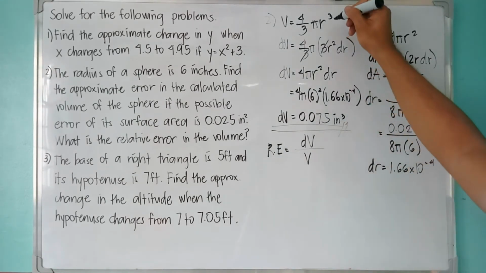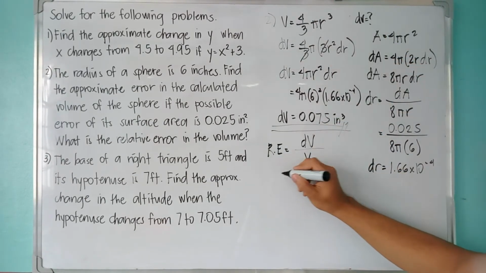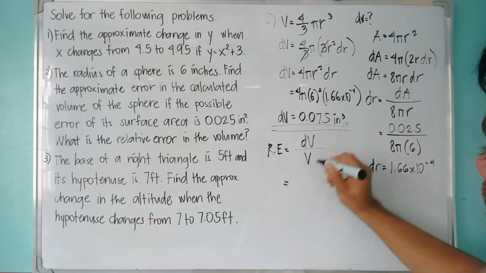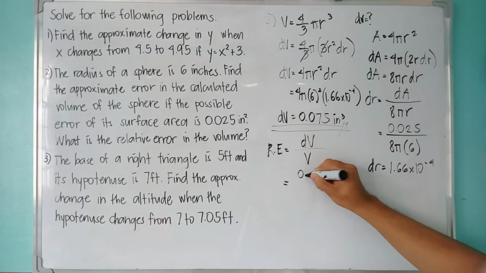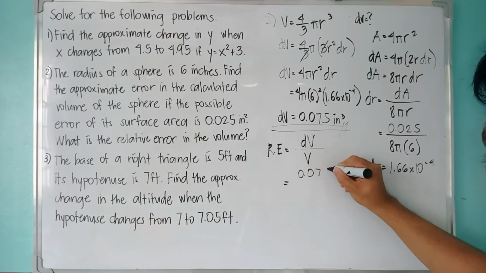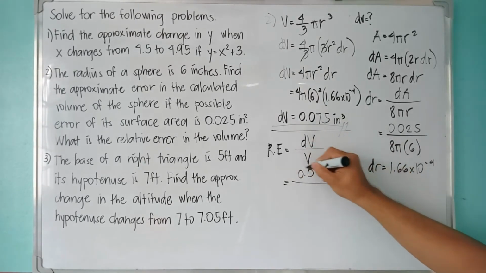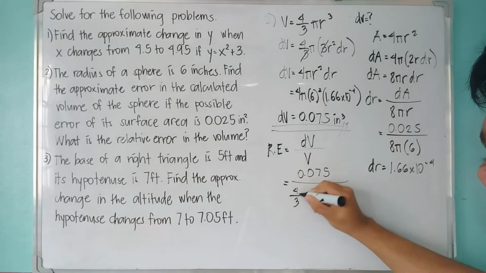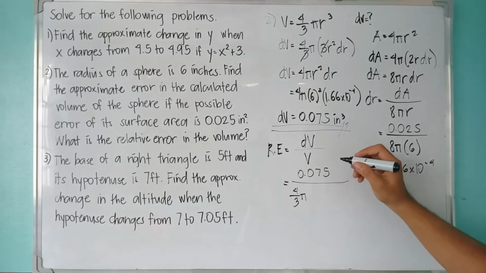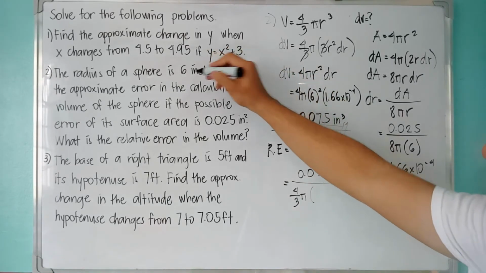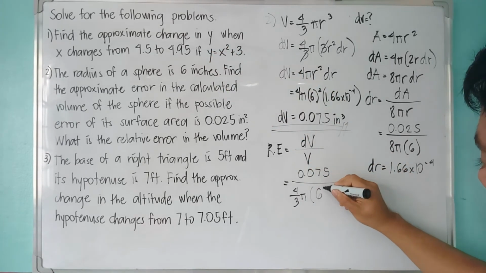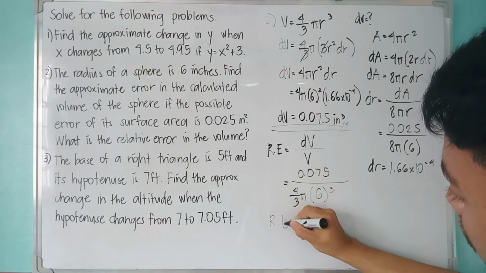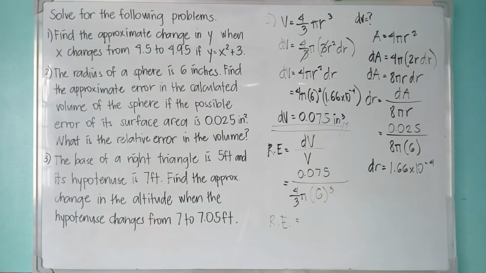So yung volume natin, ito yung formula natin. Substitute tayo ngayon ng values. So si dV, alam natin na 0.075. Didivide ko siya ngayon ng volume na formula ay 4 over 3 pi r cubed. So meron tayong 4 over 3 pi. Then yung radius natin na value ay 6, di ba? Cubed.